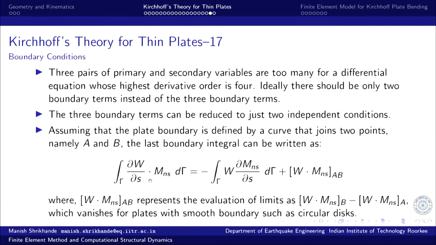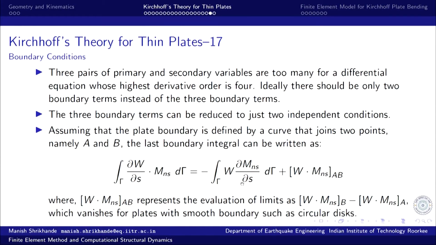So, this integral can be defined as again integrating this in the boundary integral, assuming a and b are the points. So, if I integrate it along this boundary a to b, then this is what it becomes by again using the divergence theorem, and then this is the boundary term, and this is the evaluation of these limits.